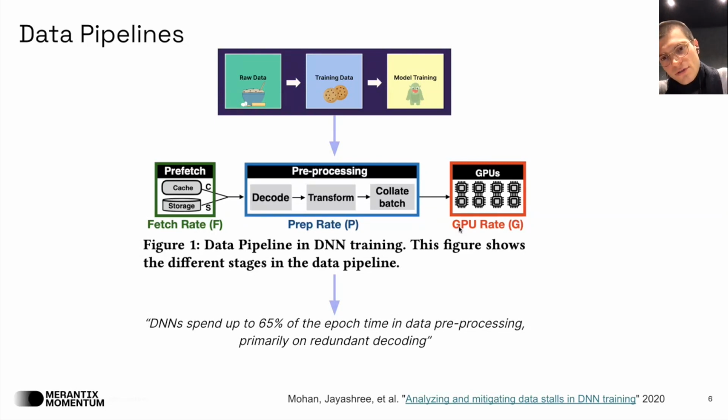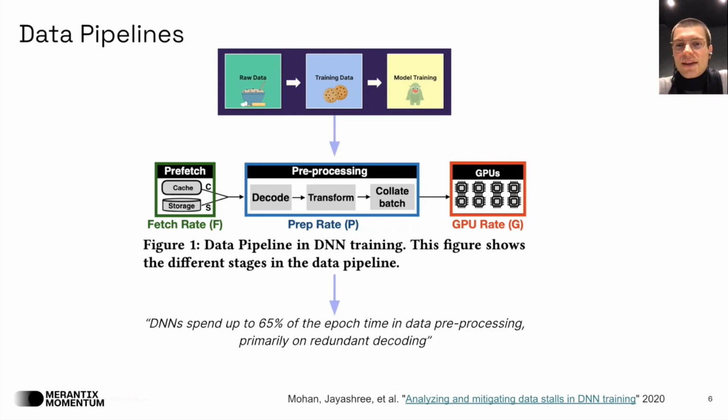So the last piece of the puzzle is the GPU rate on the right side of the graph. Usually that would be your fastest part of the pipeline. As we know, there's this German saying that a chain is only as stable as its weakest part.